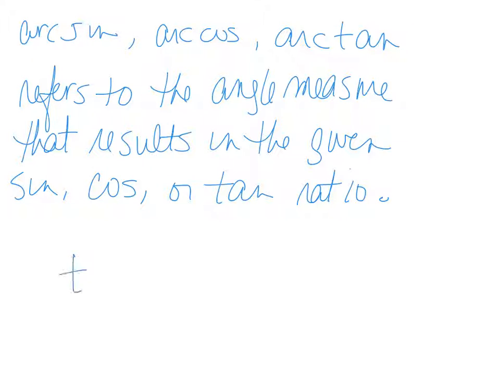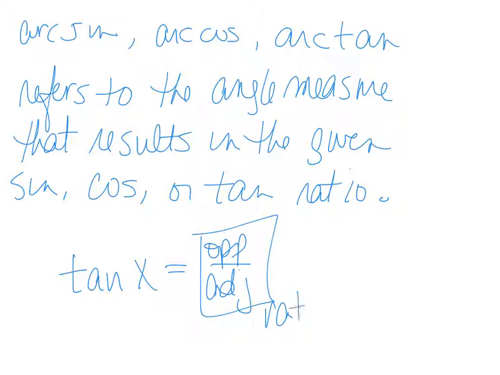Because remember, tan of some angle measure equals opposite over adjacent. This is a ratio. So what we're saying here is arctan refers to the angle measure that results in the given ratio.